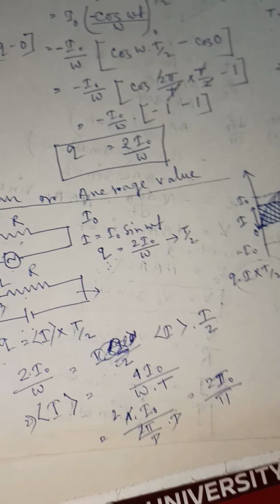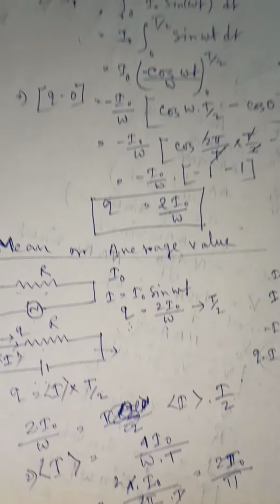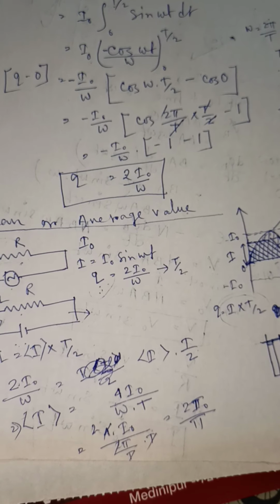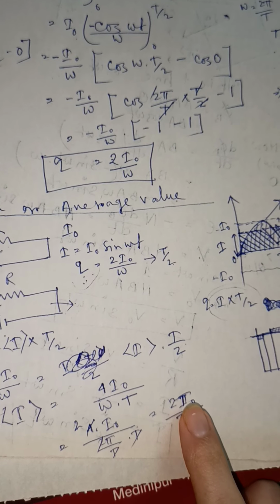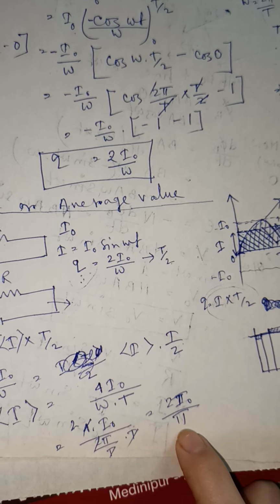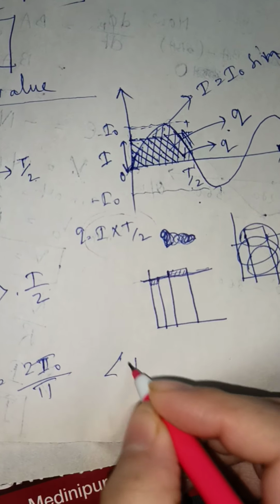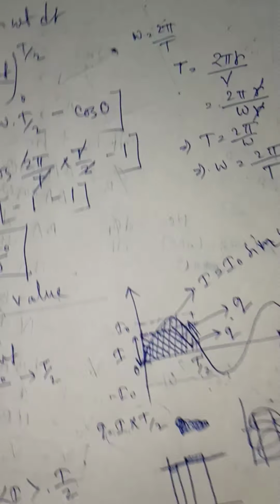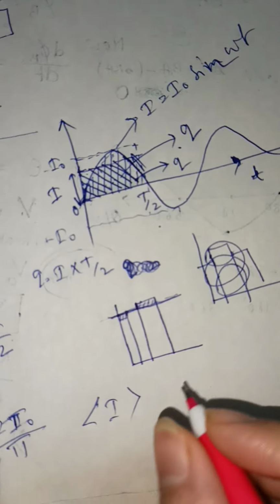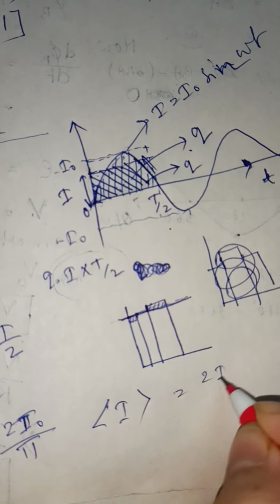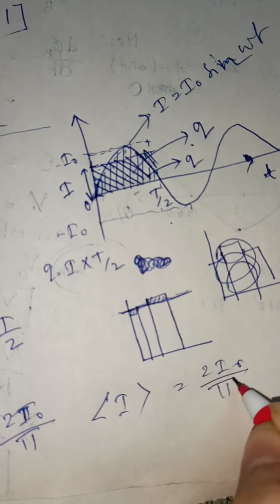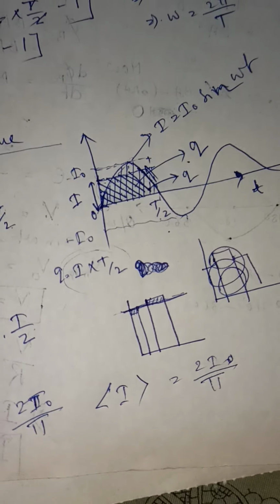So the average value of AC current equals 2 into the peak value of AC current by pi. So what is this? This is I average, which equals 2 I naught by pi. Okay.